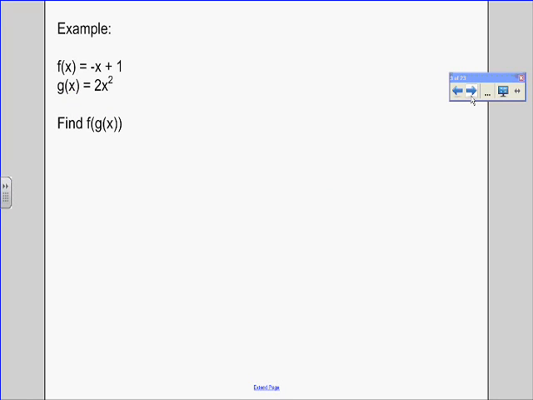Let's say f of x is negative x plus 1, and g of x is 2x squared. So I'm asking you to find f of g of x. Okay, f of g of x. So what is that really asking? It's asking this. f of g of x is equal to f of 2x squared.